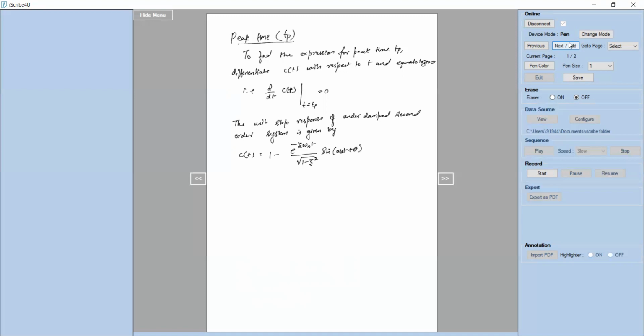This is the equation we derived in the last class for C of t, that is the response of a second order system for the unit step input. So now we have to differentiate this.